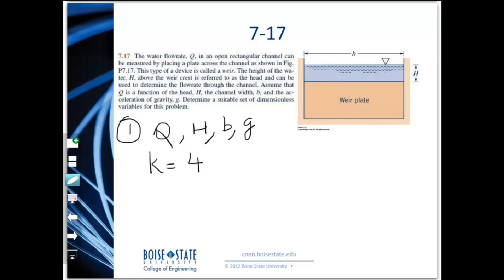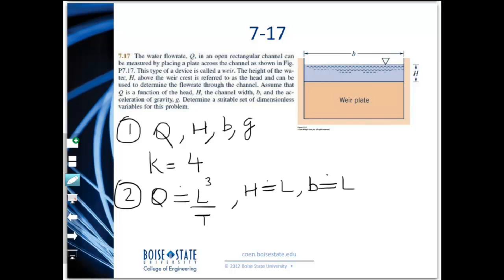Okay. So step 2 is you write each of these variables in terms of the primary dimensions. So Q is L cube over T, H is L, B is again L, and G is L over T squared.